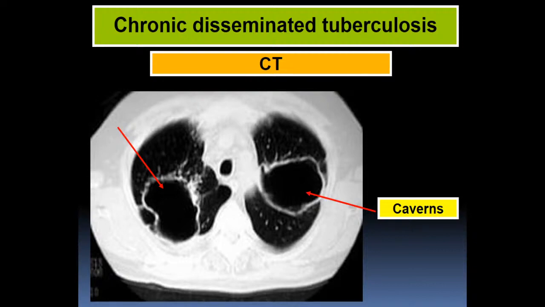Fibrosis around the caverna can deform these cavities. On the right side, you can see a bean-shaped caverna. This is a result of a chronic process.